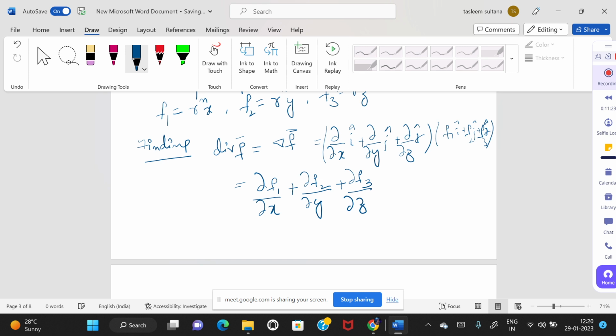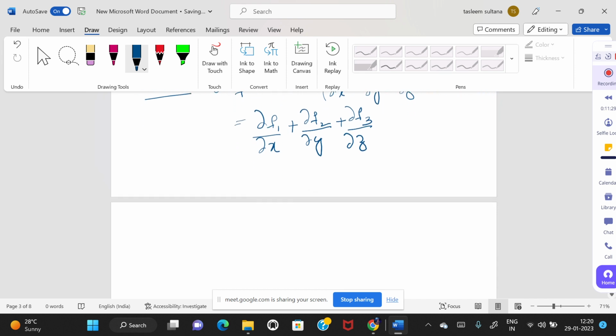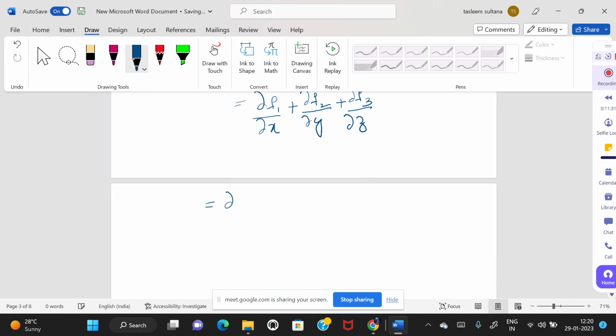Now substitute the F1, F2, F3 values which we got from here. It equals dou by dou x into r to the power of n into x, plus dou by dou y into r to the power of n into y, plus dou by dou z into r to the power of n into z.